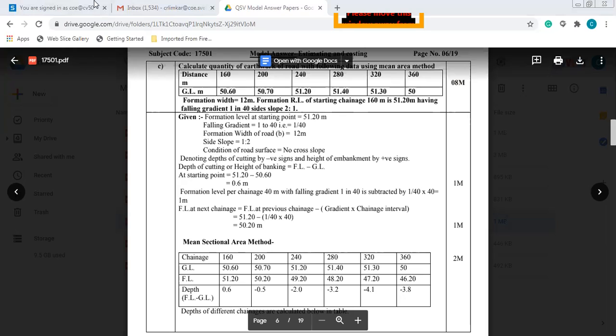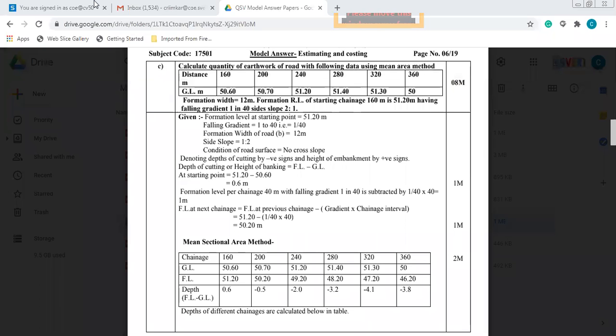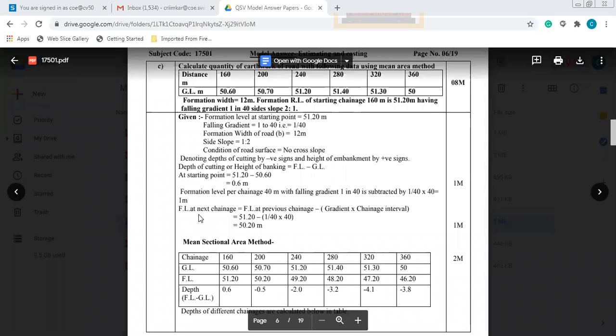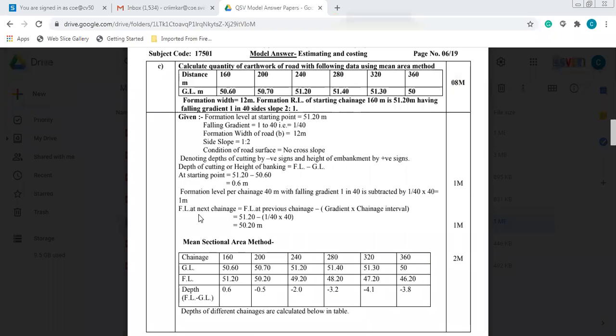To whom should I ask? Who will give me the answer? Samarth, what is the formula? How are we going to calculate the point of 0 depth?